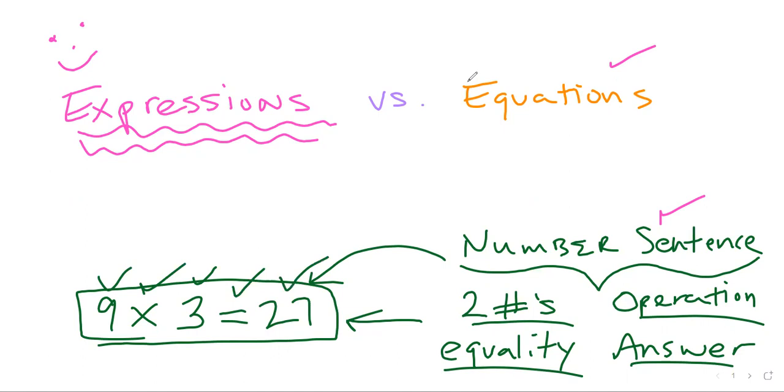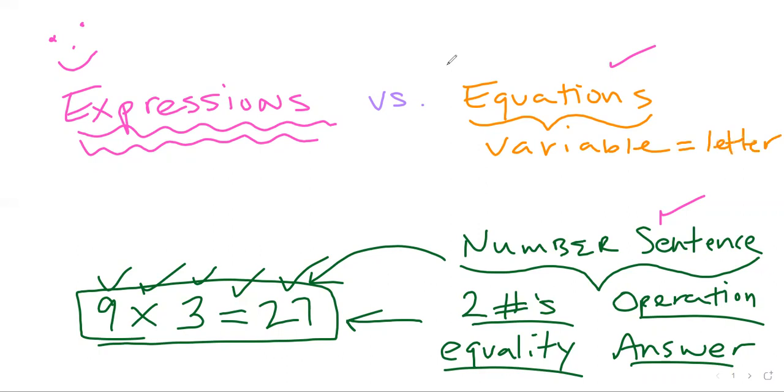Nothing's missing. The next step in terms of understanding these three different things would be the equation. The equation is very close to a number sentence, except it has a replacement of a variable, which would be the piece that we don't know, the unknown, which we often represent as a letter in math.